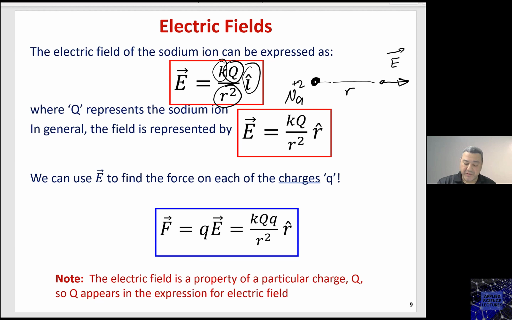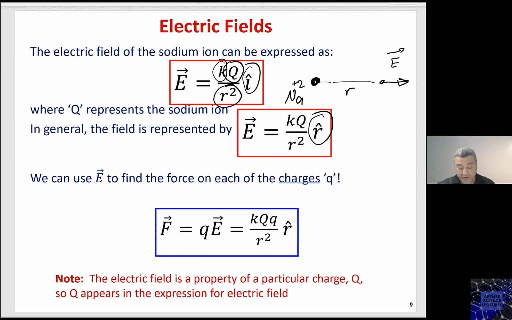So this is for the case of the sodium, pointing away in the positive x direction. In general, it is r hat. It depends on your location of interest with respect to the location of the charge that is generating the electric field. What else?